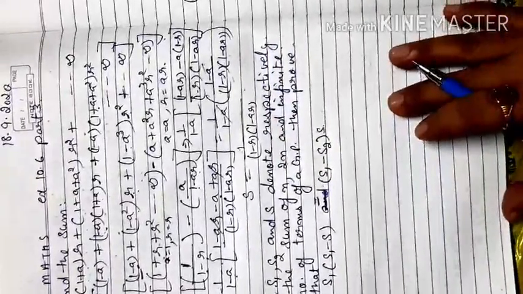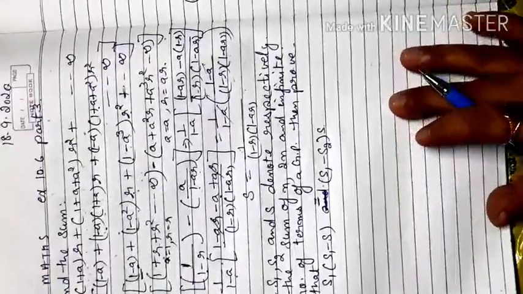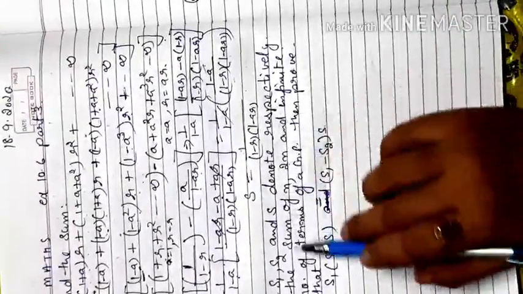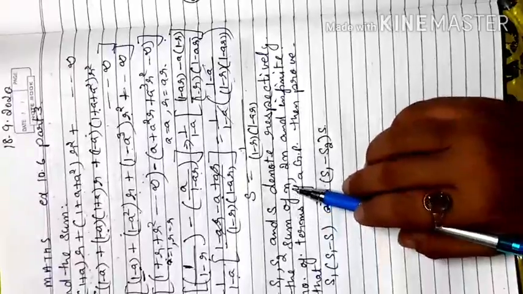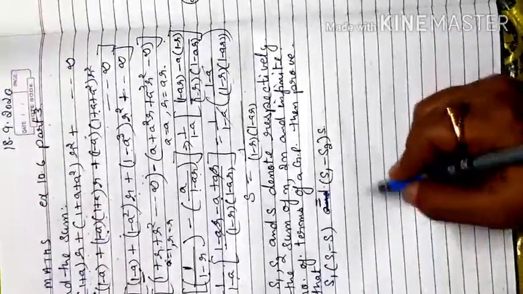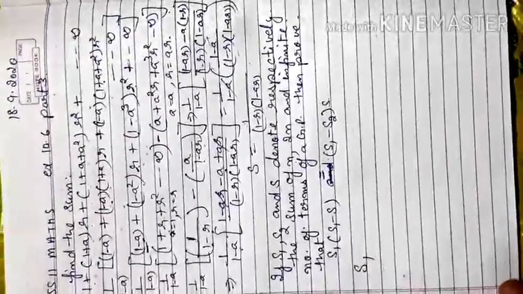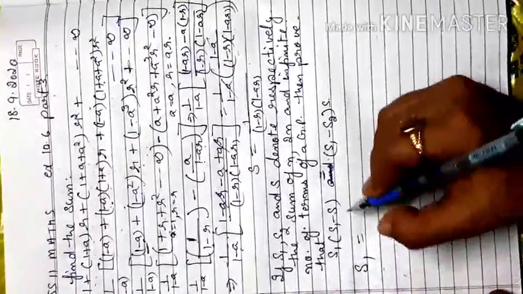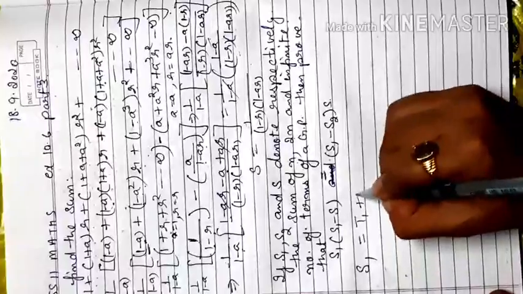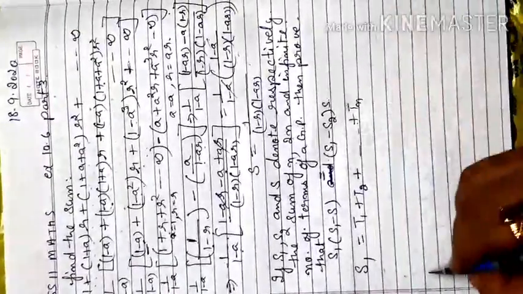Now in your 27th question, next: if S1, S2, S denote respectively the sum of n terms. S1 is the sum of n terms of the GP series, like this. So S1, according to the statement, is the sum of the n terms of the GP series.